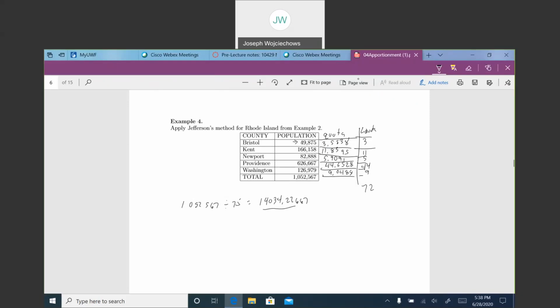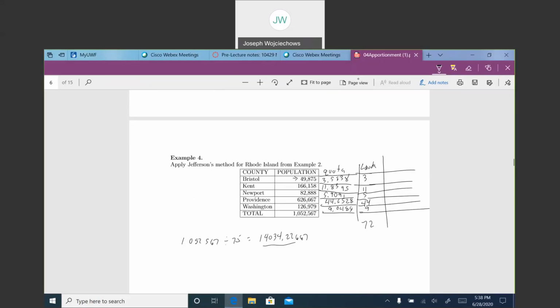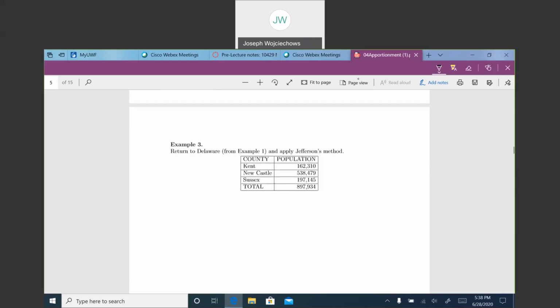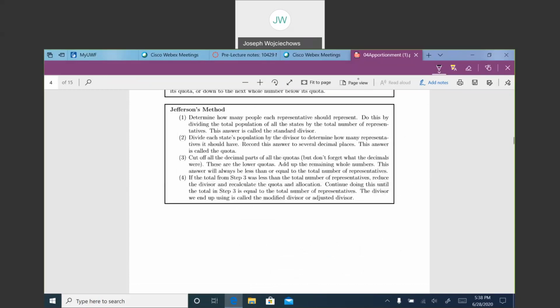So now what I need to do is try again. Go back up here, see what we're supposed to do. Okay, if the total in step 3 is less than the total number, reduce the divisor and recalculate.